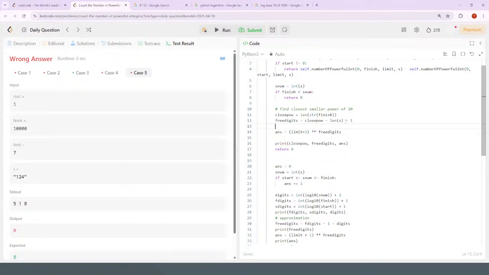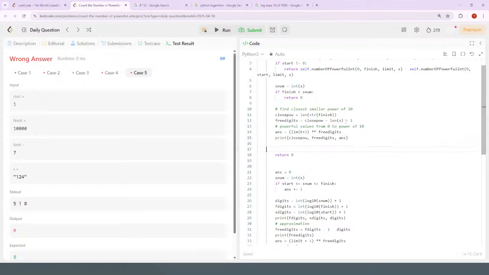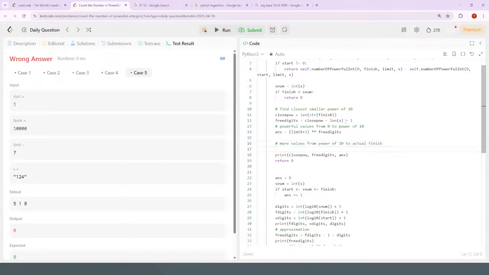This is values between powerful values from 0 to power of 10, and then more values from power of 10 to the actual finish.